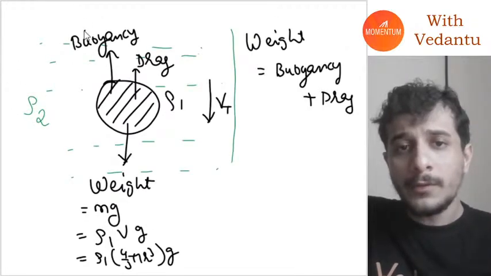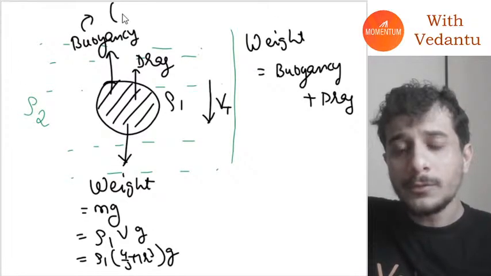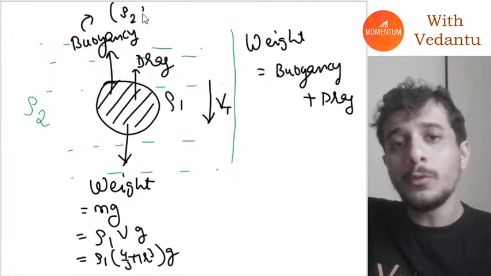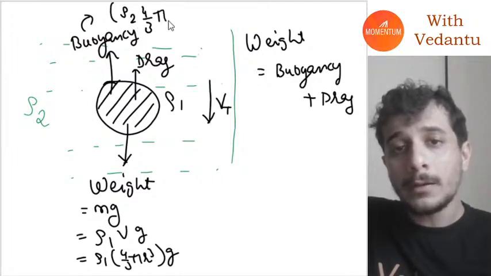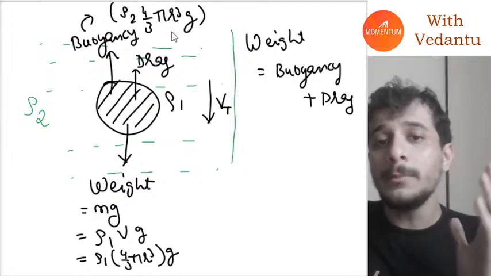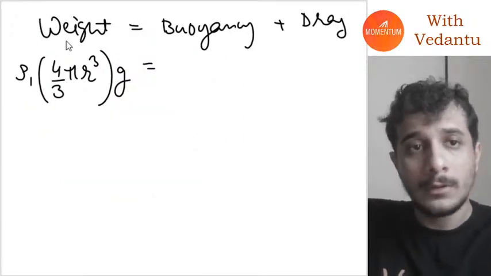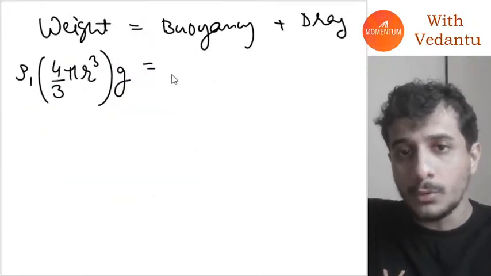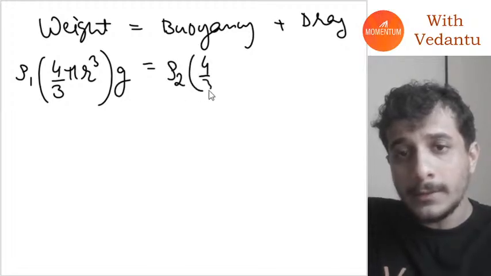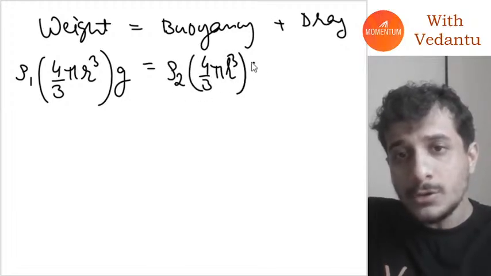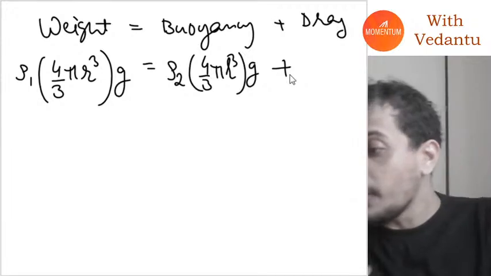Force of buoyancy also everybody should know, that will be rho 2 into 4 by 3 pi r cube into g. That will be rho into v into g once again. So that will be equal to rho 2 into 4 by 3 pi r cube into g plus drag force, guys.